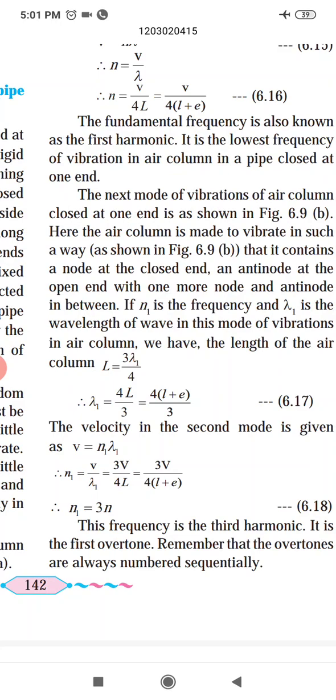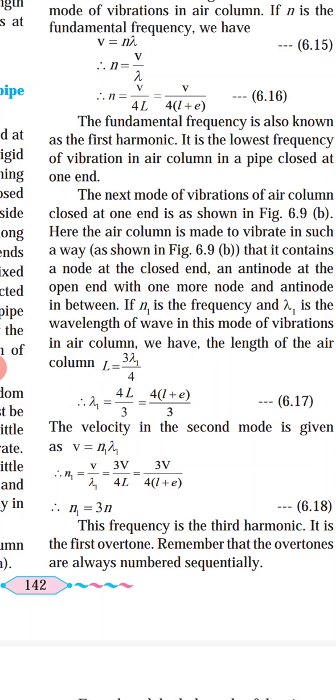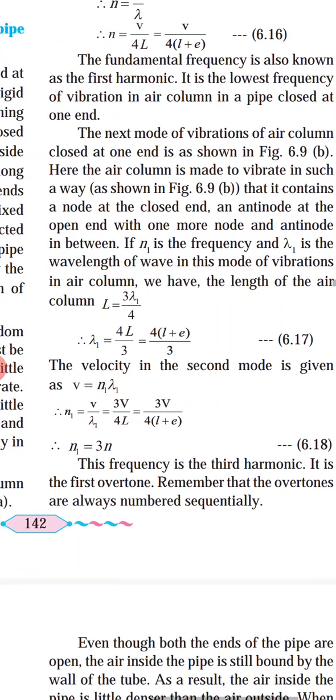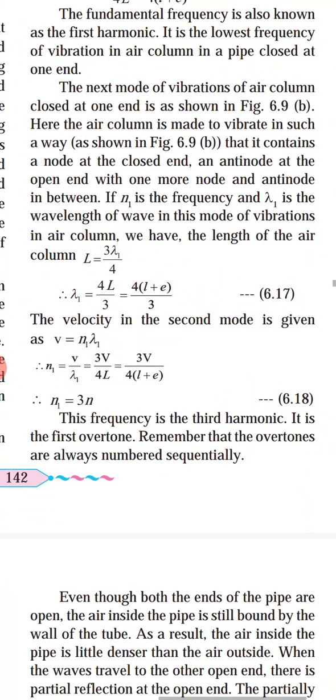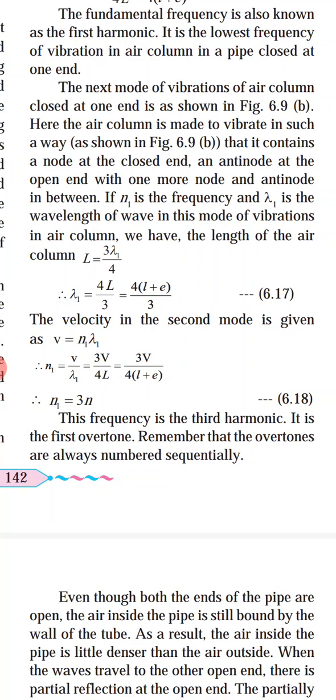Another one you can consider: V is equal to n lambda 1, so n1 is equal to V upon lambda 1, which is equal to 3V upon 4L, because lambda 1 is equal to 4L upon 3. So it will be 3V upon 4L, and capital L is equal to L plus E, so n1 is equal to 3n. So this is nothing but what? n1 is the first overtone and 3n is the third harmonic.